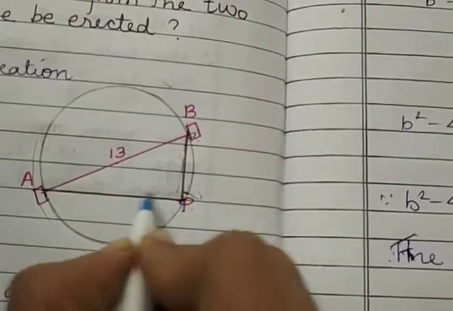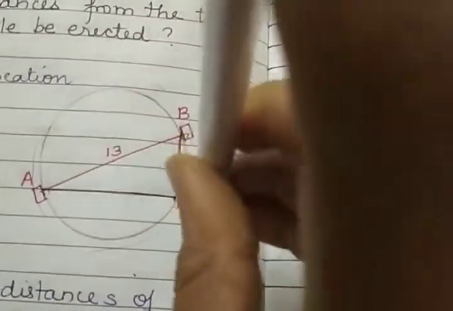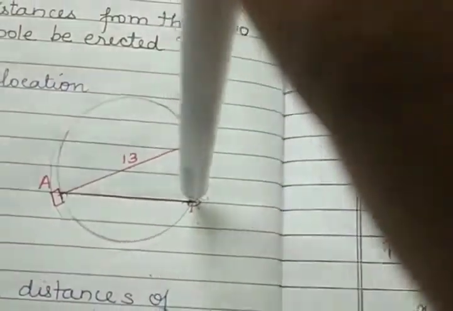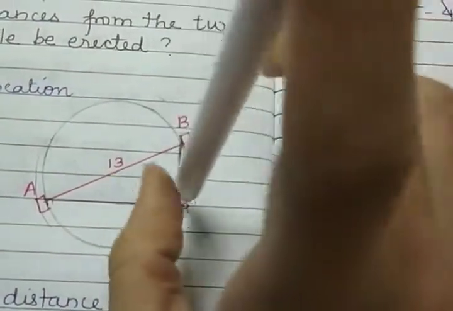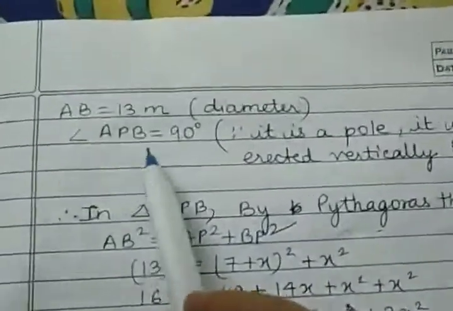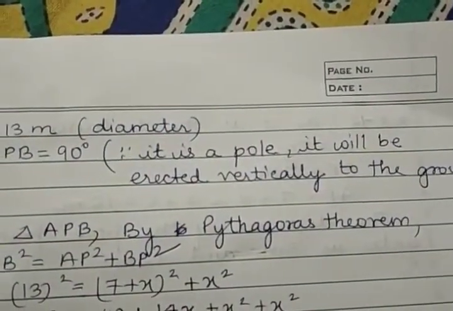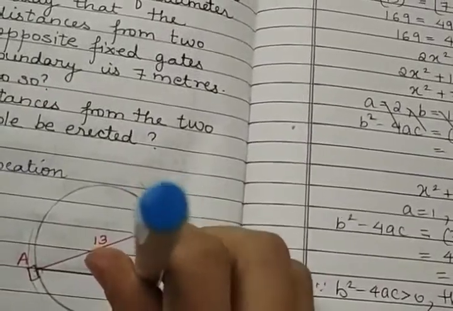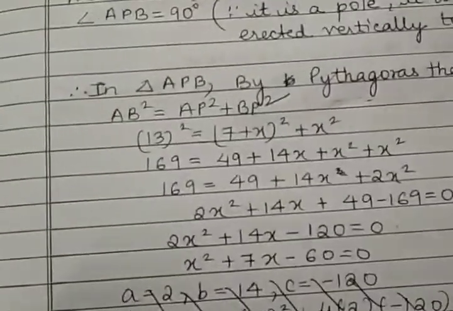Now what will be angle APB? Since the pole has to be erected like this, the angle will be 90 degrees. So angle APB is 90 degrees. Since it is a pole, it will be erected vertically to the ground. So the angle formed by the pole will be 90 degrees. Okay, so you get a right angle triangle here.